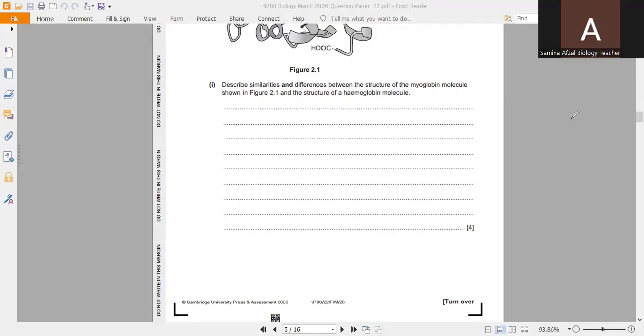So the oxygen binding capacity is less in myoglobin, because it can bind only one molecule of oxygen, while a hemoglobin molecule can bind four molecules of oxygen at a time. So these are the differences and the similarities.